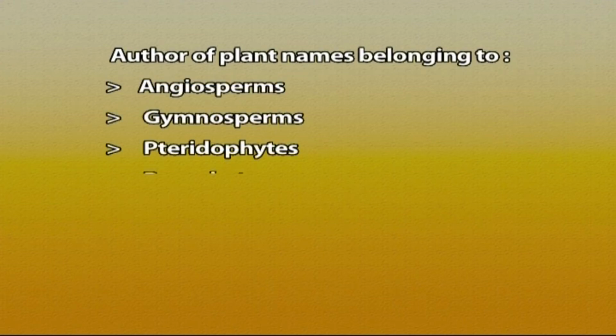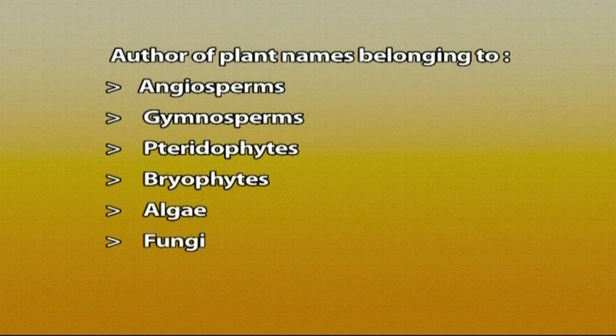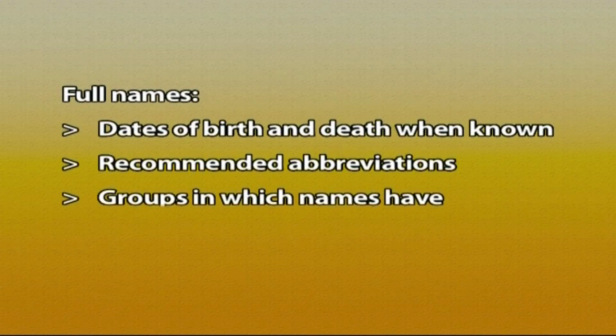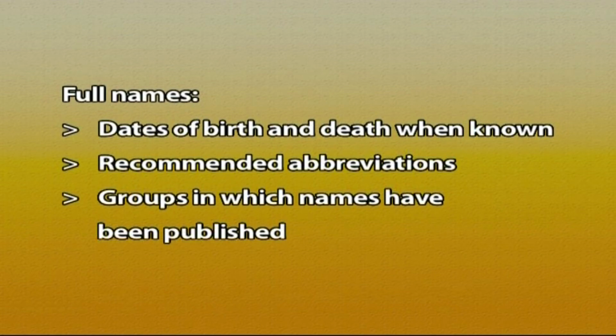It is basically an index of authors of plant scientific names. It includes author of plant names belonging to angiosperms, gymnosperms, pteridophytes, bryophytes, algae, fungi and fossil plants. In this we have full names, dates of birth and death when known, recommended abbreviations and groups in which names have been published or given for each of the authors.